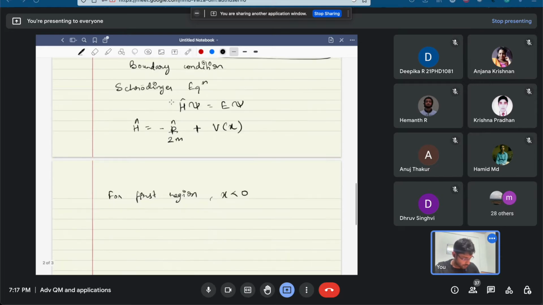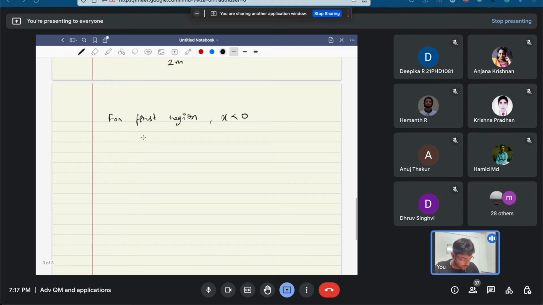So our Hamiltonian becomes H equal to P square by 2m plus V naught. That is a constant finite potential.